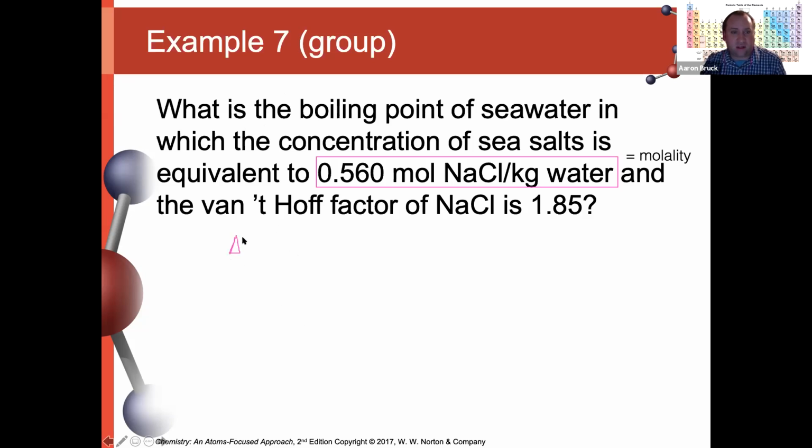Delta T_b is equal to 1.85 times 0.51 degrees Celsius per molal times 0.560 molal.